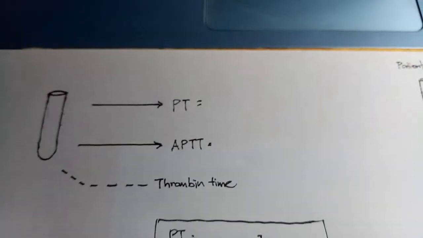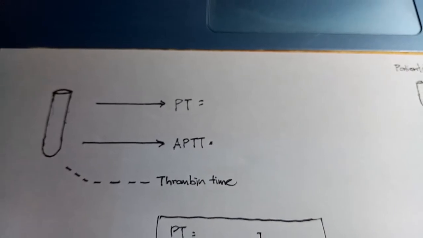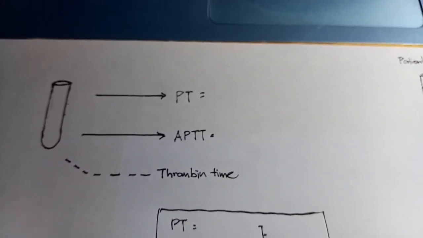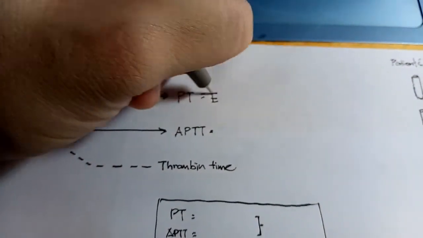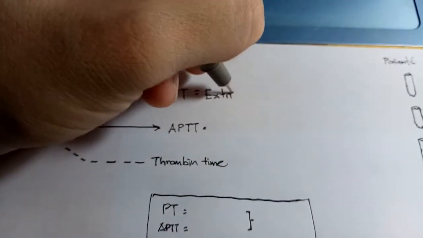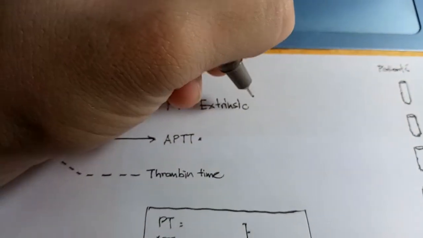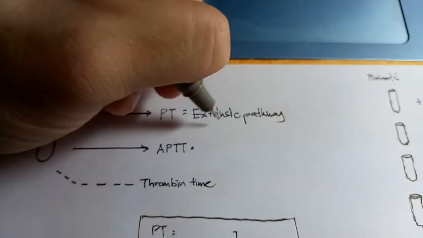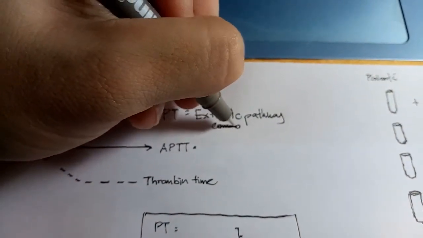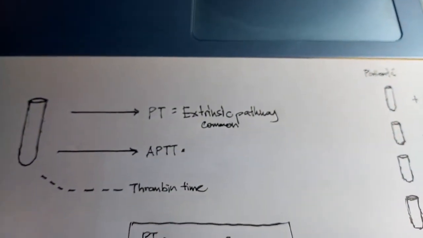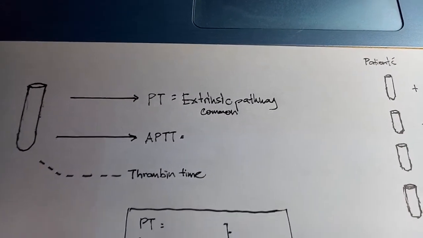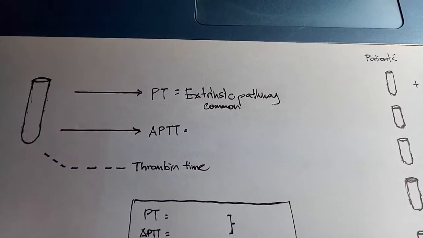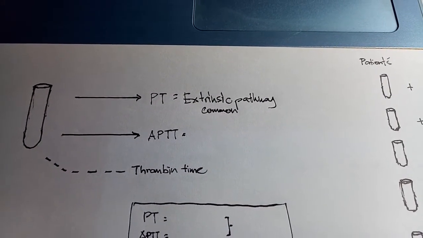The PT is a test to detect missing coagulation factors that belong to the extrinsic pathway and also the common pathway. Again, your PT is a test used to detect missing coagulation factors from the extrinsic pathway or common pathway.